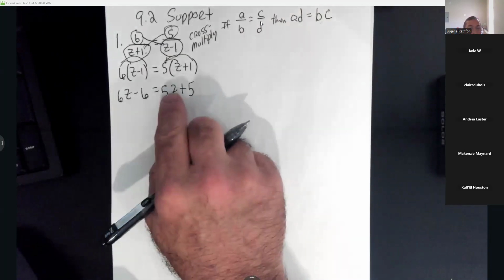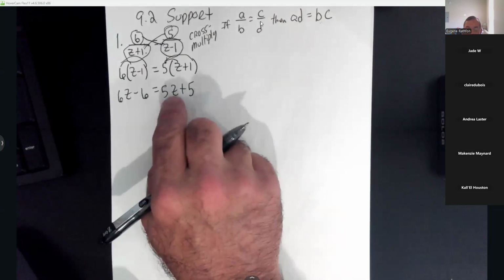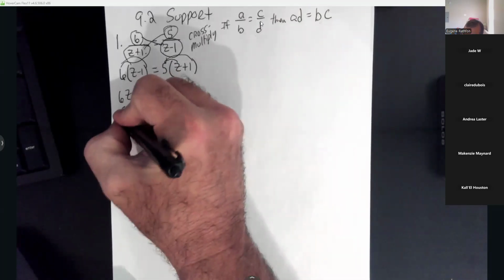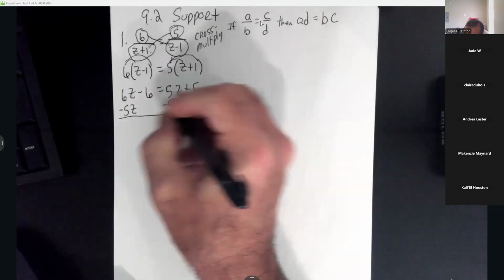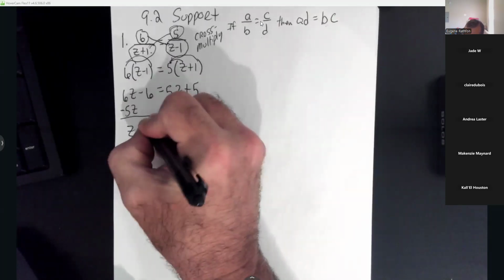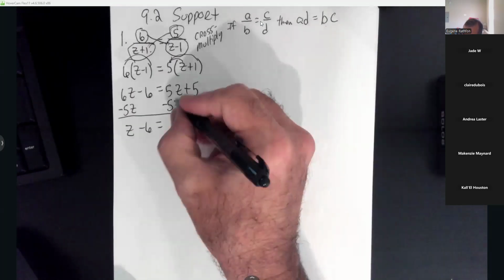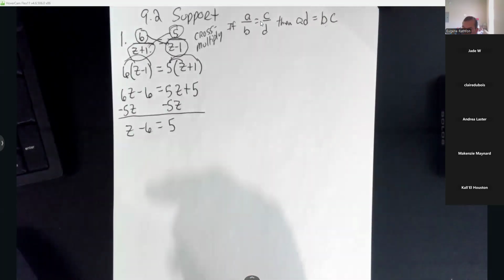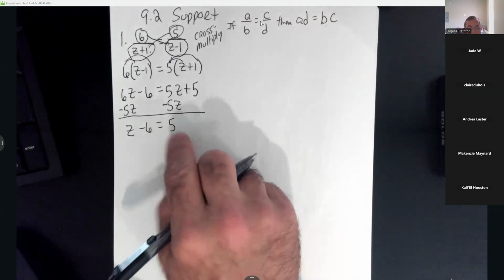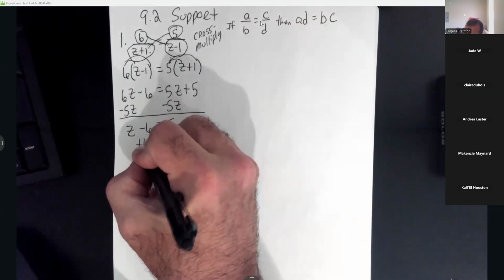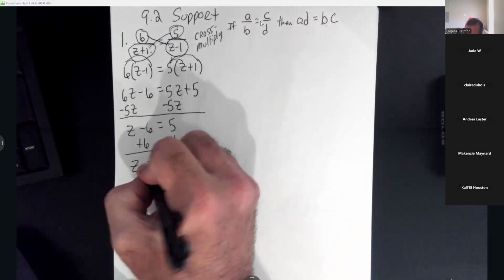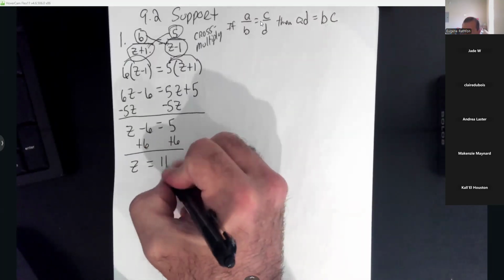All right, now to solve for z, I'm going to move my z's to the left side. So I'm going to subtract 5z from both sides. That there will give me a z minus 6 equals, well, those cancel, so all that's left is the 5. And finally move the 6 over by adding 6. And I get z equals 5 and 6 is 11.